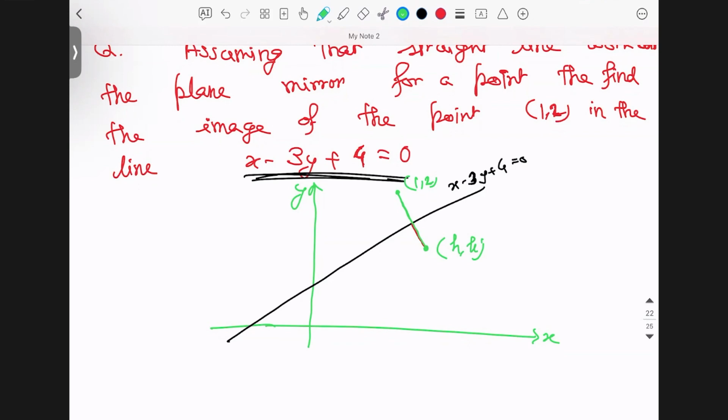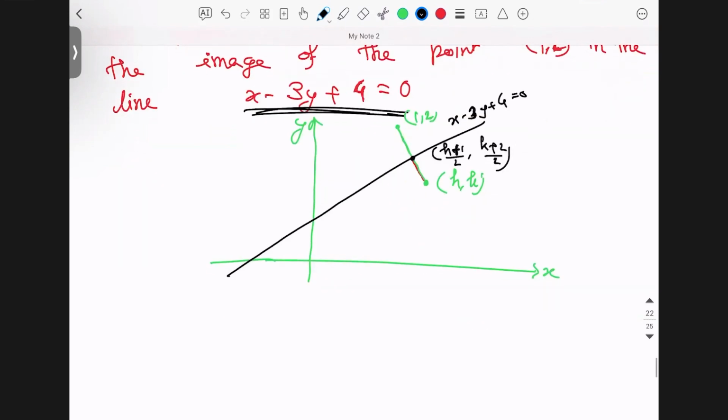Obviously, bisecting means the midpoint will be there. So this will be the midpoint. If h comma k be the location of the mirror image, then the midpoint will be h plus 1 by 2 and k plus 2 by 2. And this point will satisfy the equation of the straight line.